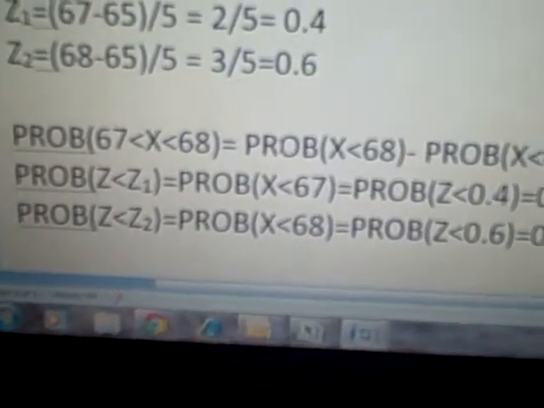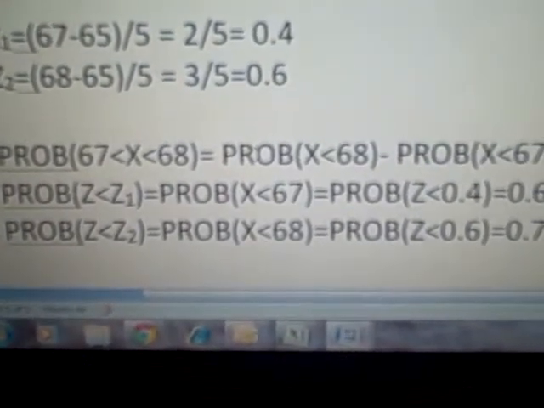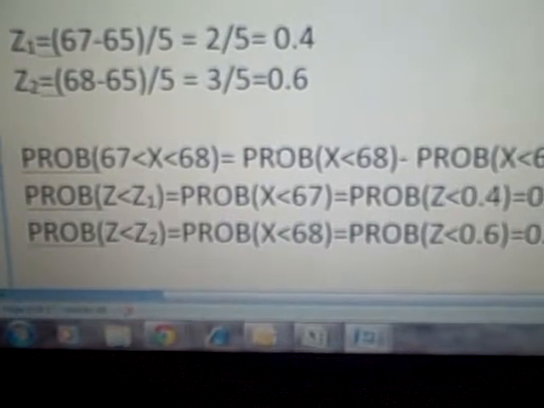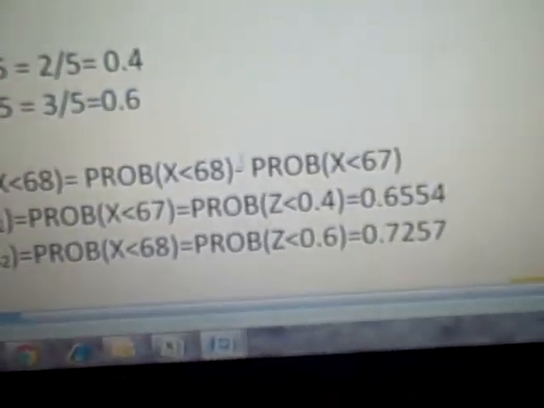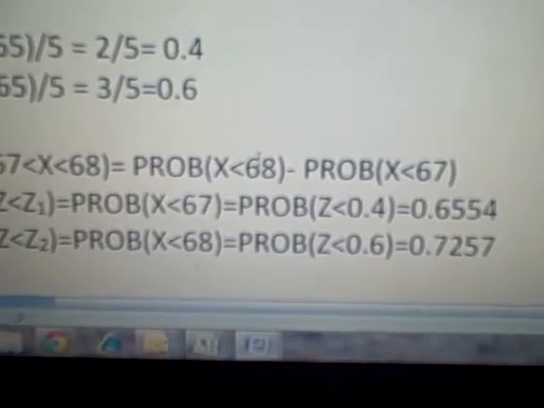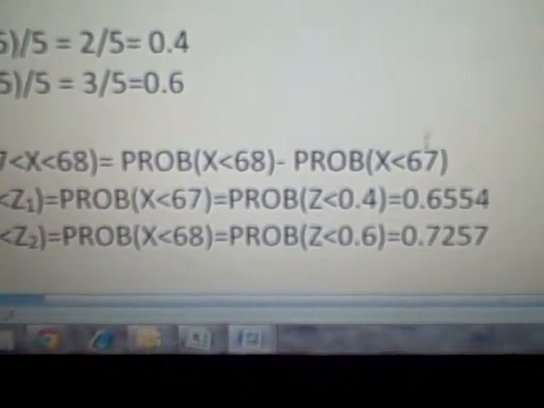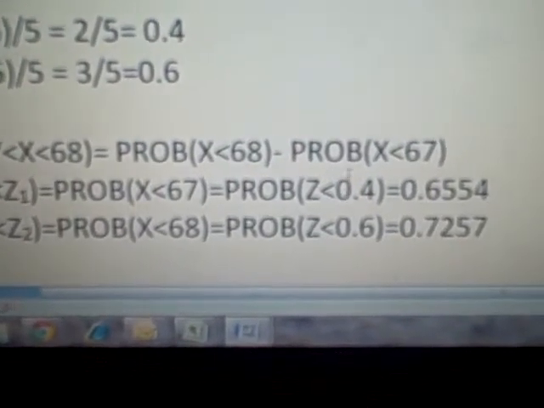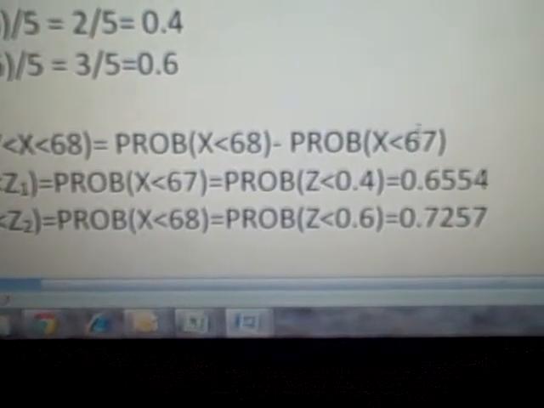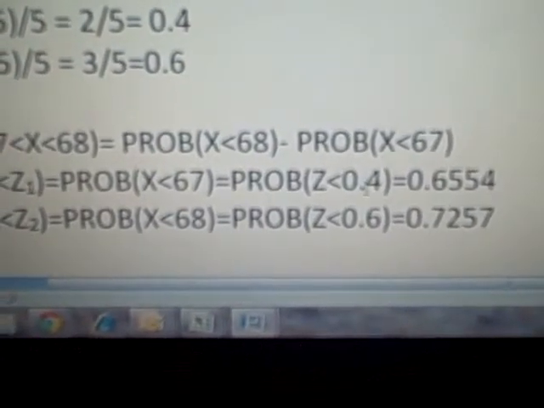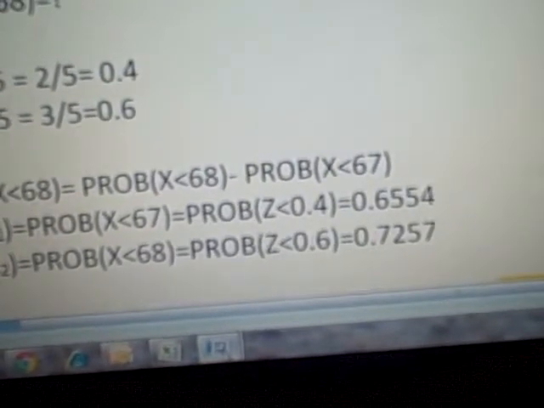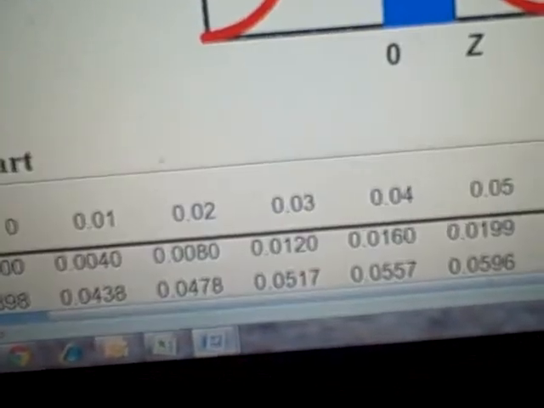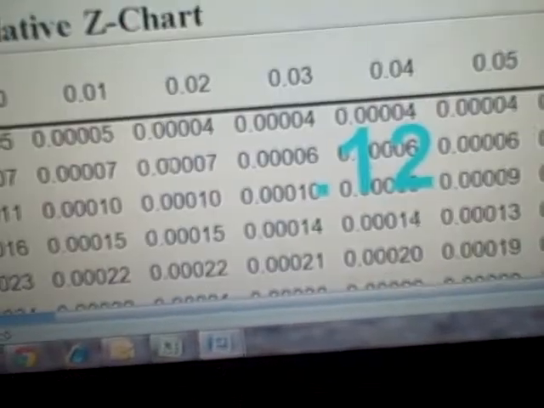So here we have probability z is less than z1, which is the probability that x is less than 67, which is the probability z is less than 0.4, and that's 0.6554. Now, how did I get that 0.6554? Well, from the table that I sent you. Let's go to this table.